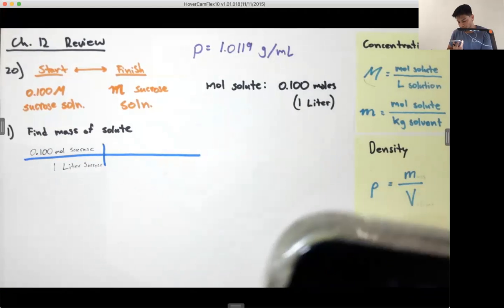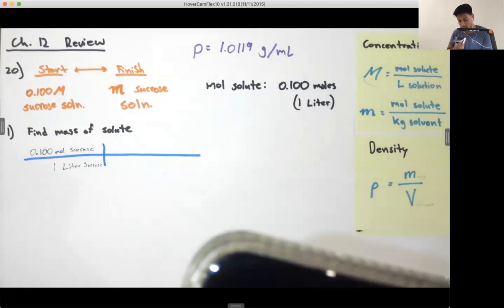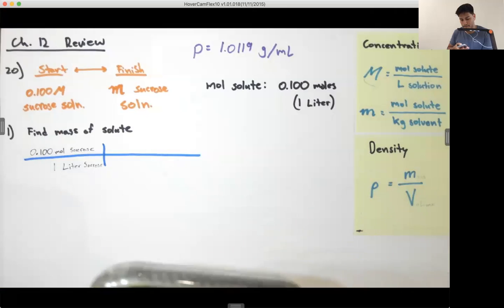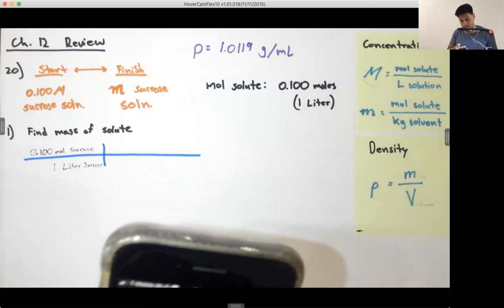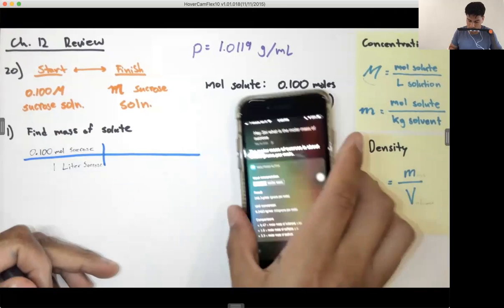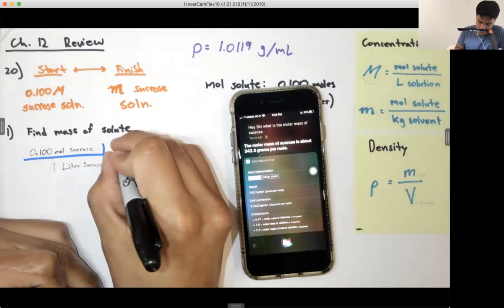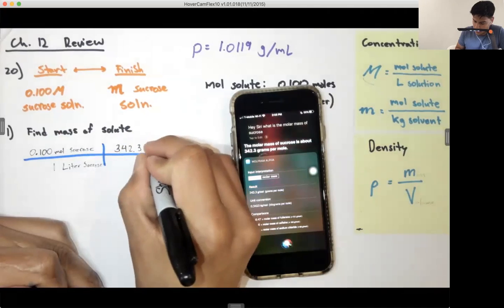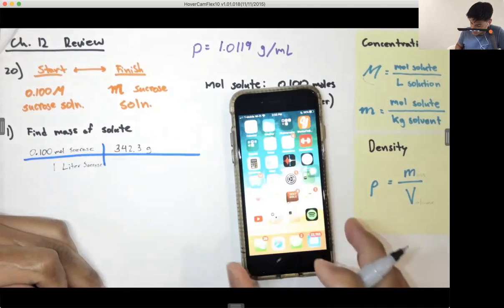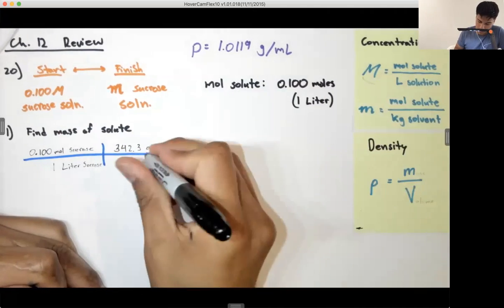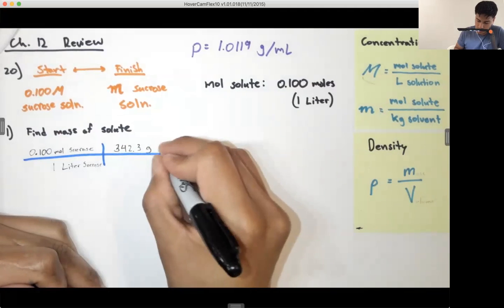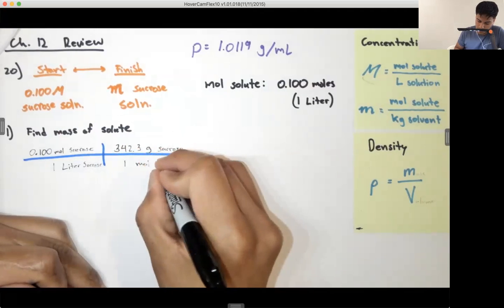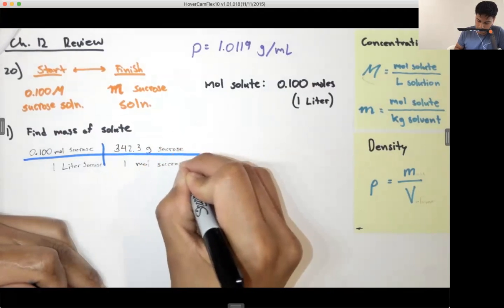Hey Siri, what is the molar mass of sucrose? The molar mass of sucrose is about 342.3 grams per mole. Okay, so 342.3 grams of sucrose per 1 mole of sucrose.